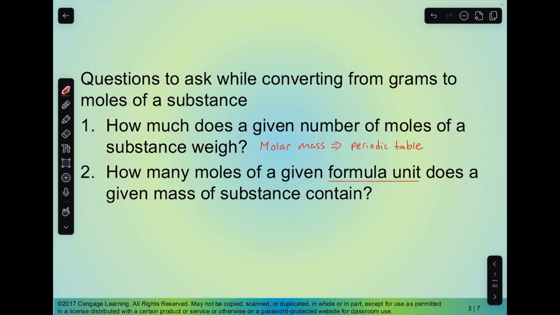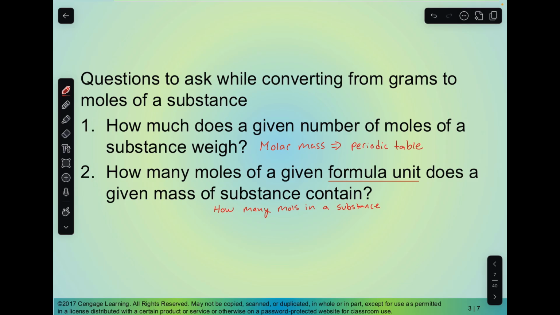This is just for how many moles of a given formula unit does a given mass of a substance contain. This is basically the opposite. This is just saying how many moles in a substance. So you might be given either of these pieces of information, molar mass or how many moles in a substance.